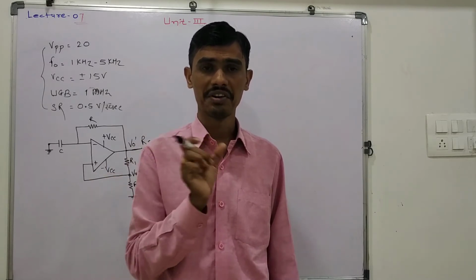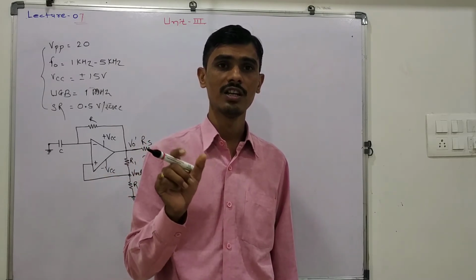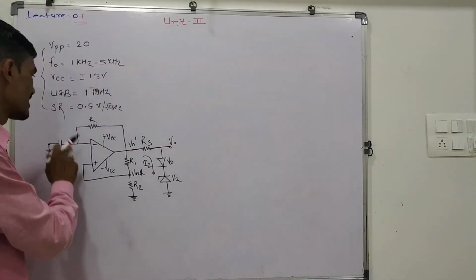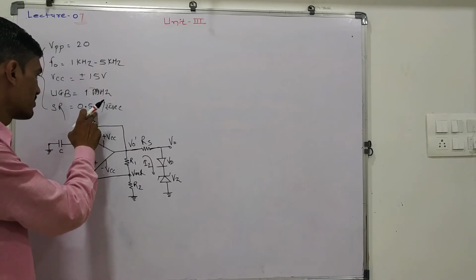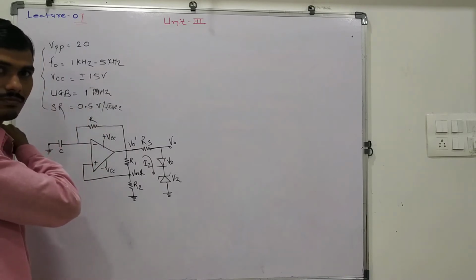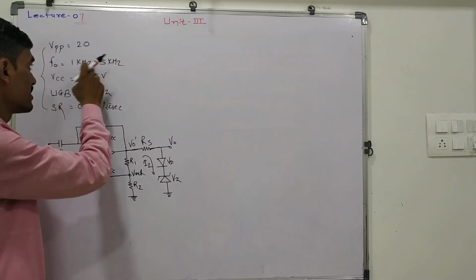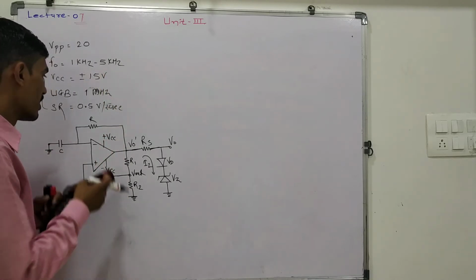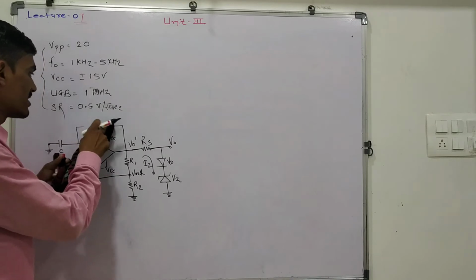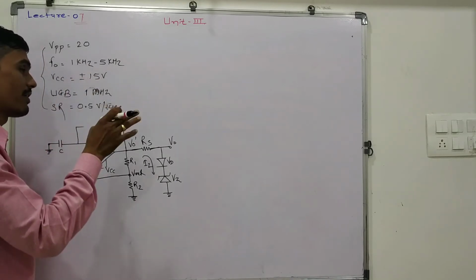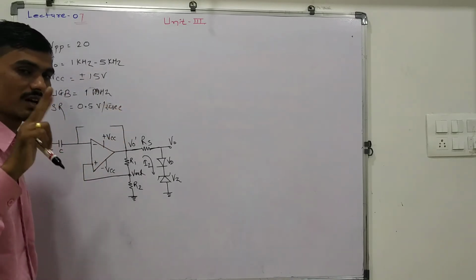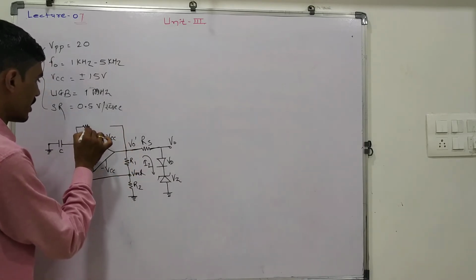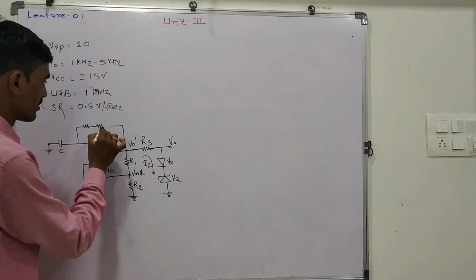So here the frequency is basically depending on the two parameters R and C. Generally we take C as a constant, so there must be a variable R. Now the frequency changes from 1 kHz to 5 kHz, so there must be a variable R, or we can say for 1 kHz or 5 kHz we set one resistance, and for the second we have to connect a second resistor. So there must be two resistors connected in series.